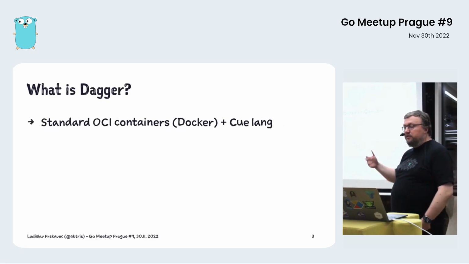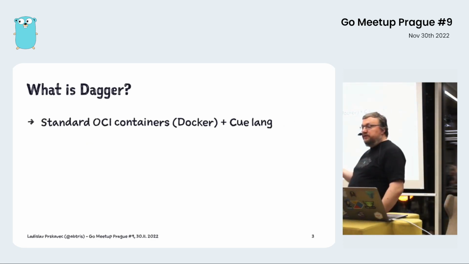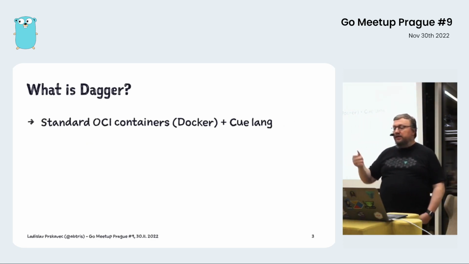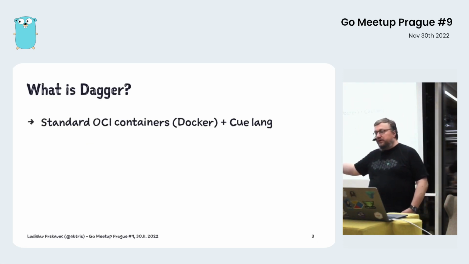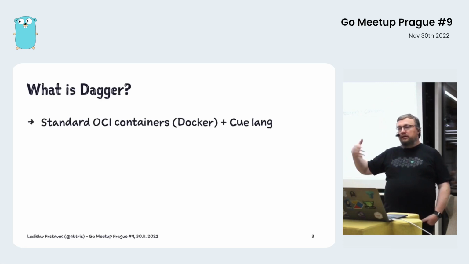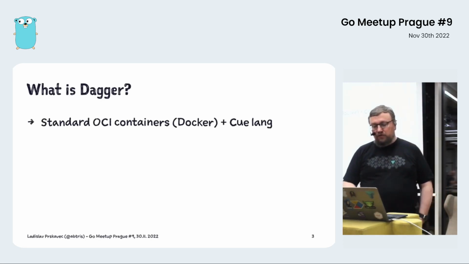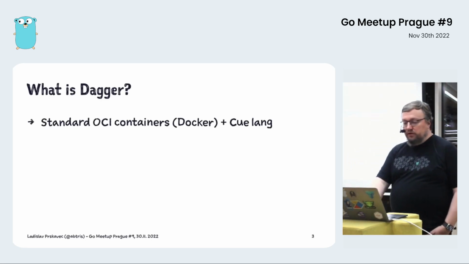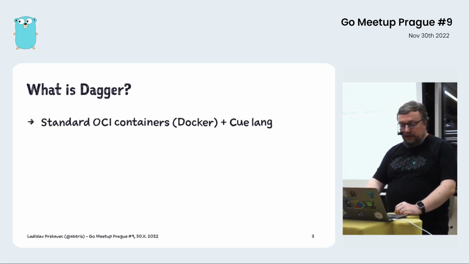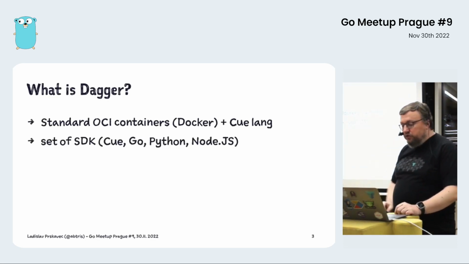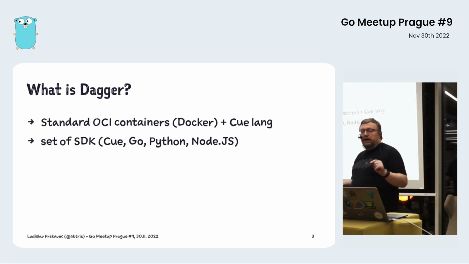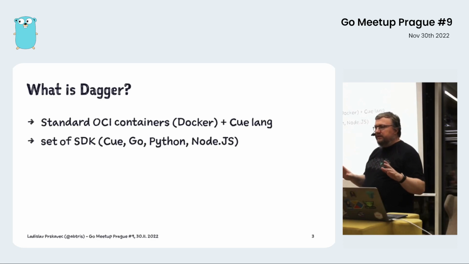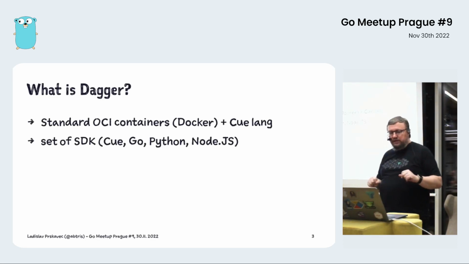Dagger is based on the Open Container Initiative, OCI standards, and uses Docker, specifically the BuildKit library, and CUE language as the configuration language for setting how the pipelines look. The CUE version has existed for more than 1 year, and it was in alpha beta testing, so not everyone had access to it.